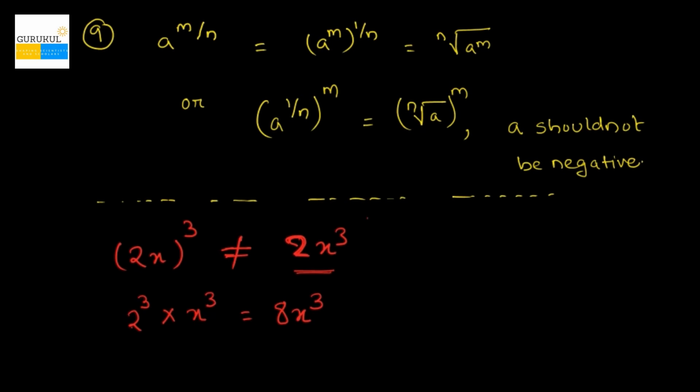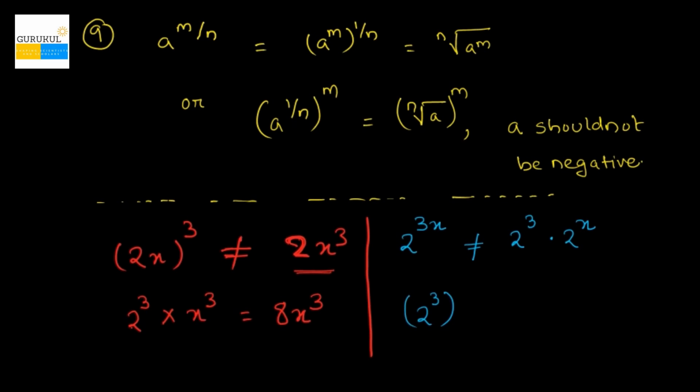Similarly, take one more example, 2 raised to the power 3x. What students usually do is write it as 2 raised to the power 3 times 2 raised to the power x, but this is not true. Rather, you can write this as 2 raised to the power 3 whole raised to the power x. That gives you 8 raised to the power x, whereas the mistaken version gives you 8 times 2 to the power x.